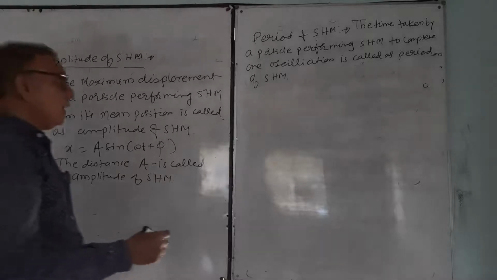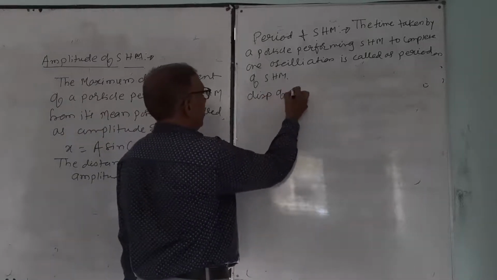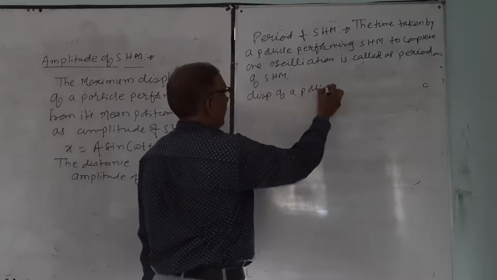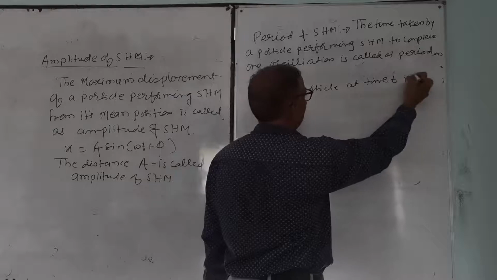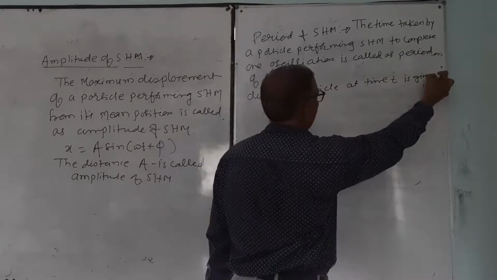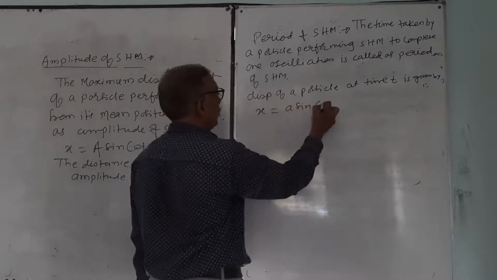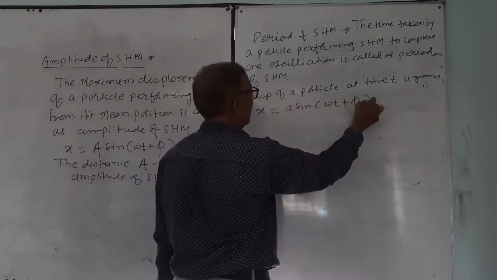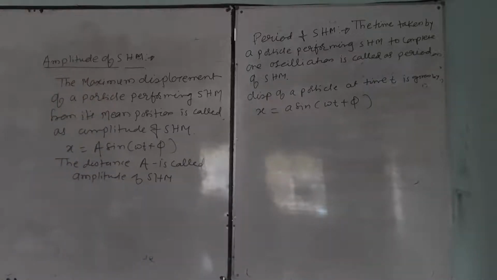Therefore, displacement of particle at time t is given by x is equal to a sin of omega t plus phi.